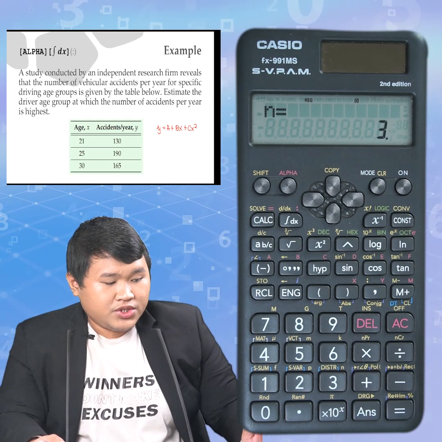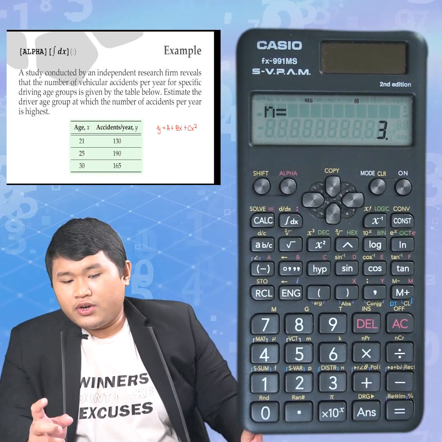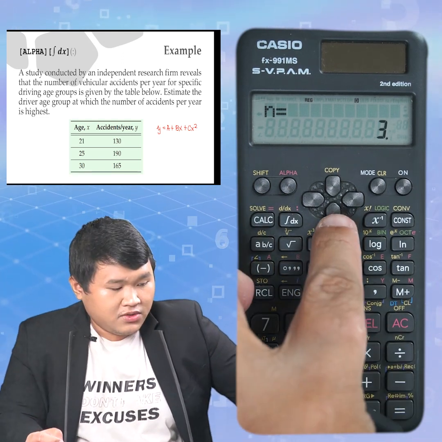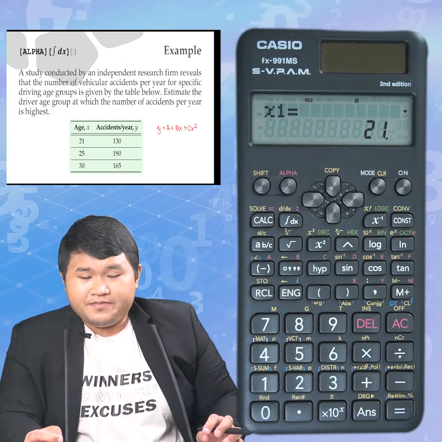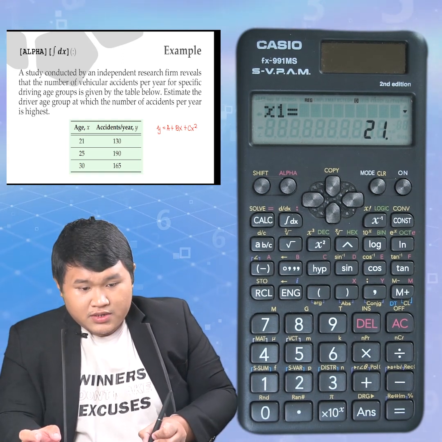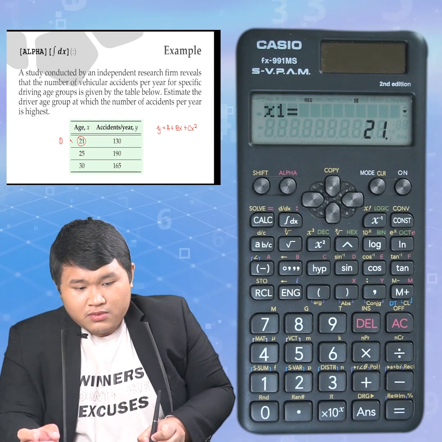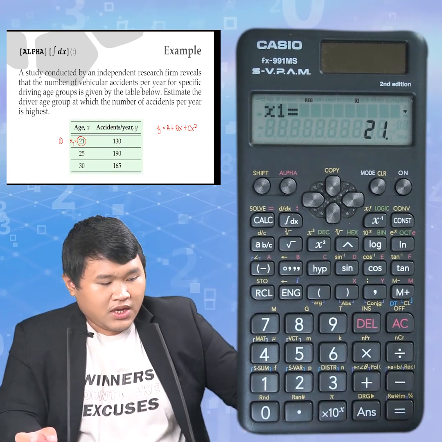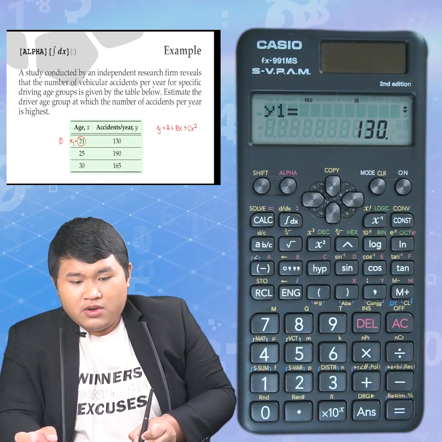The results here show that N is equal to 3, which is true because there are only 3 data values here. Now if we press down, we will be shown the value of X1, which is 21. This is number 1, so this one here is X1. And then if we press the down key again, we will be shown the value of Y1.